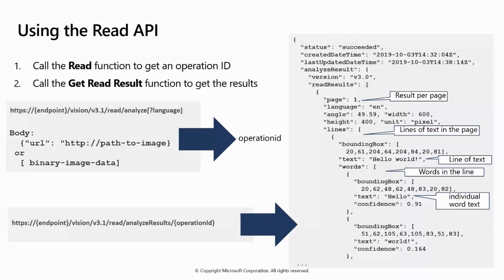Okay? Now, the Read API breaks down the results by page, then by line, and then by word. Also, the text values are included both at the line level and at the word level. This makes it easier to read whole lines of text if you don't need to extract text word by word.